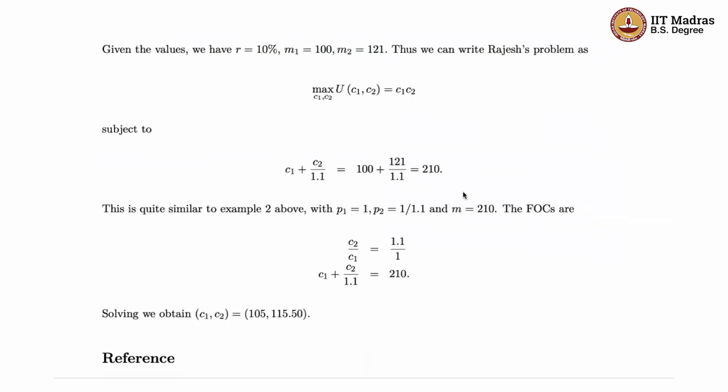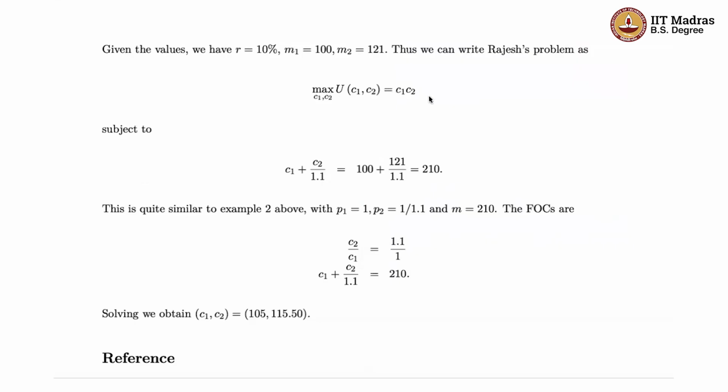So this is very similar to the example that we had before. The only difference is there we had P1 x1 plus P2 x2 is equal to M. But here, you have P1 equal to 1 and P2 equal to 1.1. So again, you should go back and think about the interpretation of the slope of the intertemporal budget constraint here. I'll let you do that as an exercise. But let's just look at how to solve this problem.